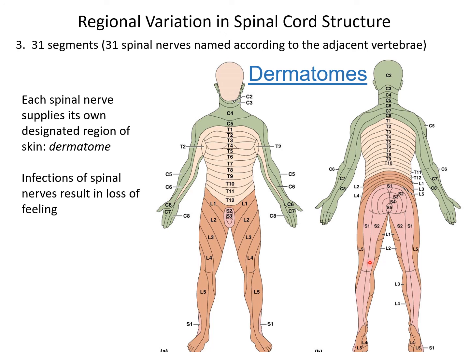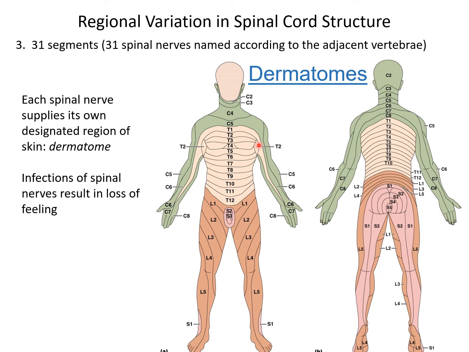These spinal nerves are also innervating a specific grouping of structures. This might be skeletal muscles, but also its own region of skin. That is what is mapped out on these diagrams here. These are called dermatomes. The nerve T3 innervates this little strip across the back and this little strip across the ventral side of the body.